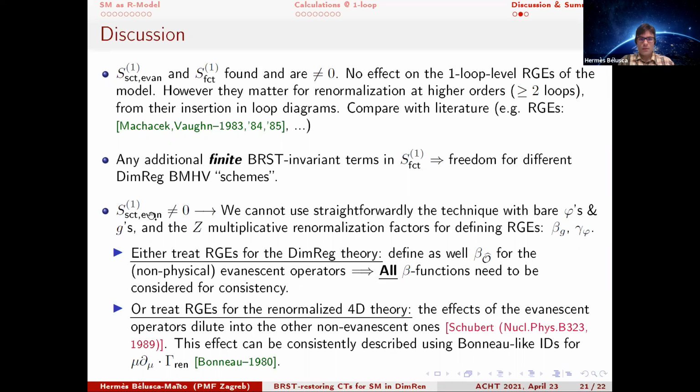And the fact that there is an evanescent contribution to the singular counter terms means also that the technique with multiplicative renormalization factors does not completely work. And when you want from that to extract renormalization group equations, there are many subtleties that arise. Basically, the effect of these evanescent singular counter terms will dilute into the other non-evanescent contributions.